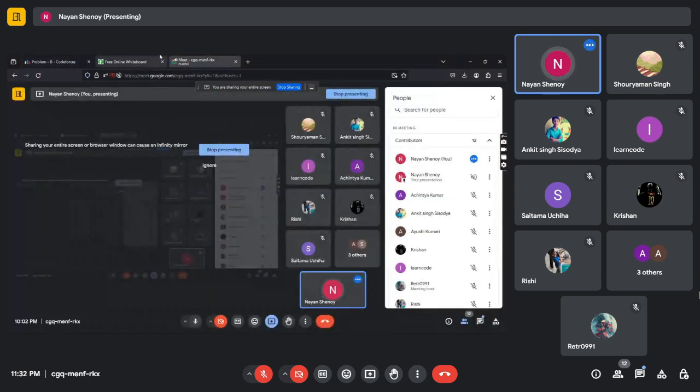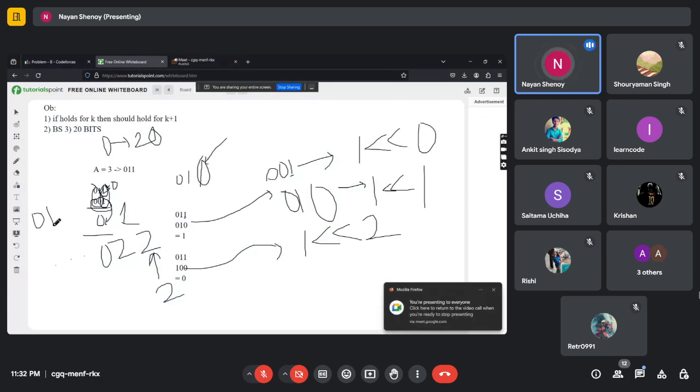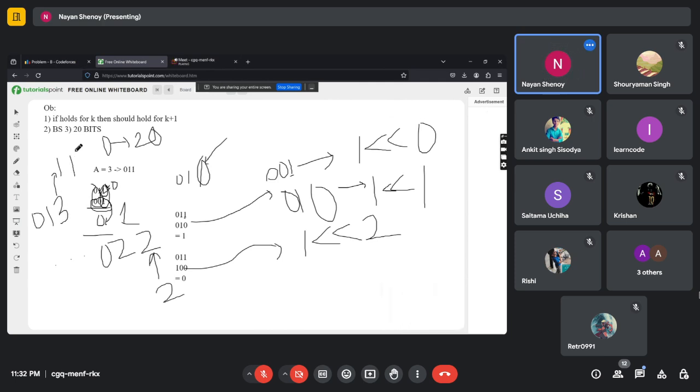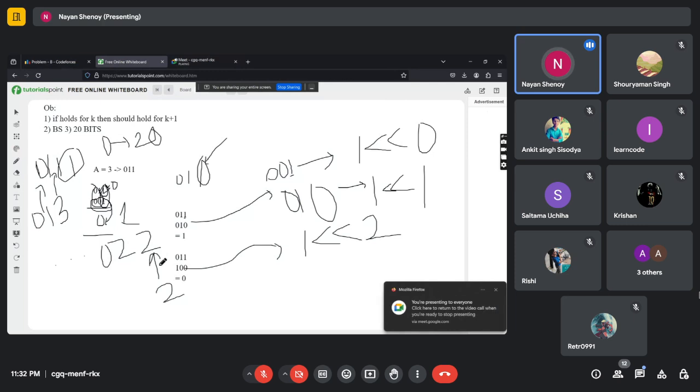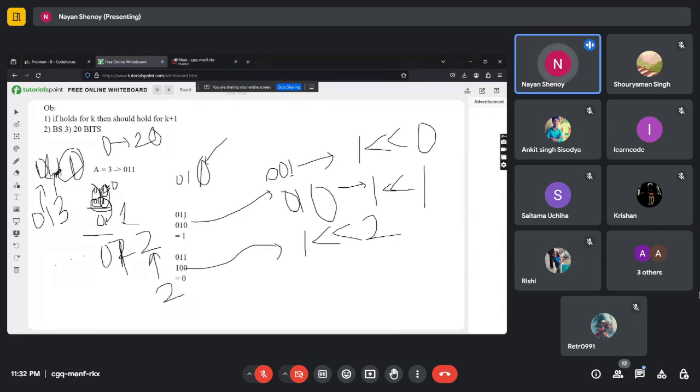For 3 it is 1, 1. So in the first position we have 2 set bits, then in the second position we have only 1, which is from 3, and here we have nothing. Okay, that's right.